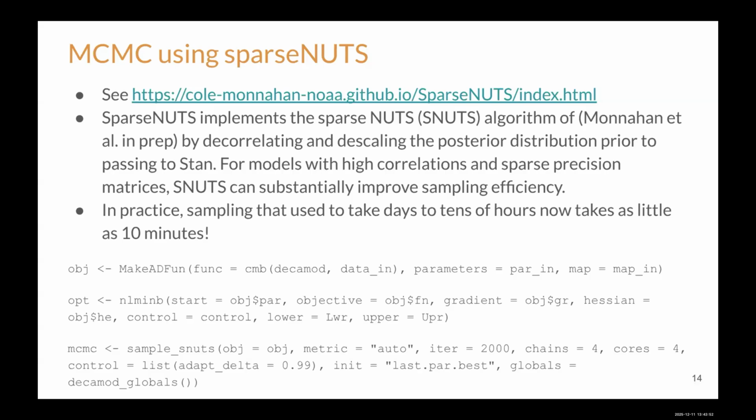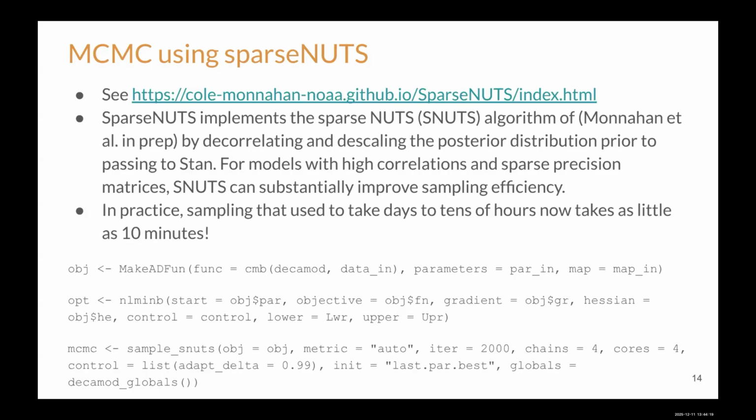So basically what it means is that you can fit your model initially, and that might just be an MLE or using the Laplace approximation. And then when you use the sample_snuts function, that automatically generates the mass matrix, which is required to deal with all of your jump sizes within the MCMC, which speeds things up a heck of a lot.